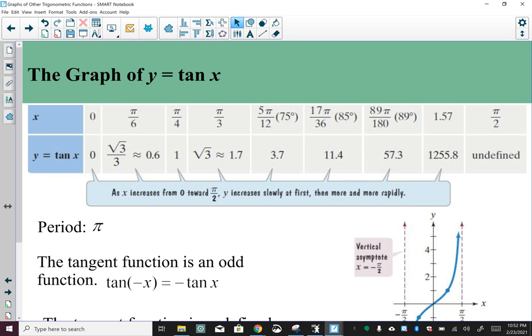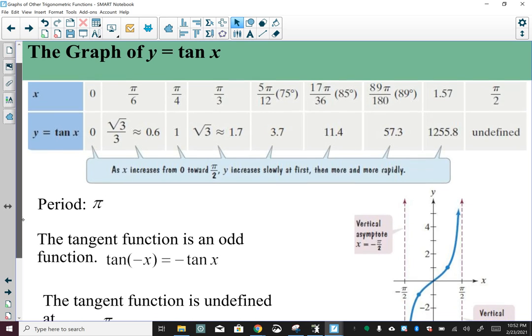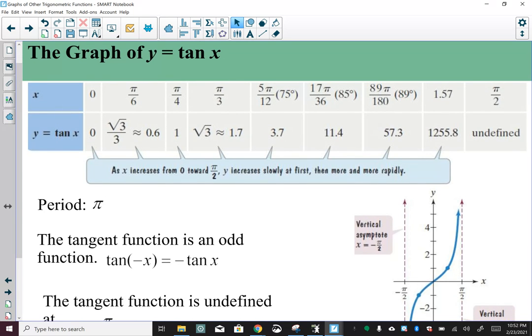The reason is that if we go from 0 to 180, at pi over 2 we are undefined, because tangent is sine over cosine, and you're undefined when your denominator, in this case cosine, is equal to 0. Cosine is equal to 0 at pi over 2 and 3 pi over 2. So basically all your odd multiples of pi over 2, like 3 pi over 2, 5 pi over 2, 7 pi over 2, you're going to be undefined at those.